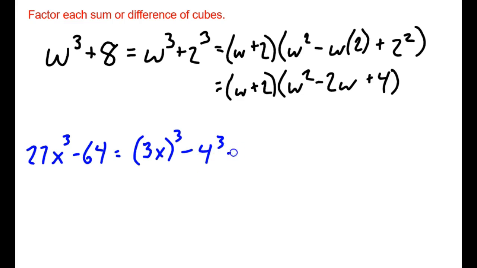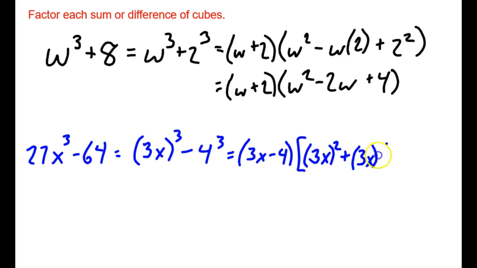So we follow the pattern. 3x minus 4 times the quantity, and we can use a bracket again because we're going to have more parentheses. So we have 3x quantity squared plus 3x times 4 and then plus 4 squared at the end.